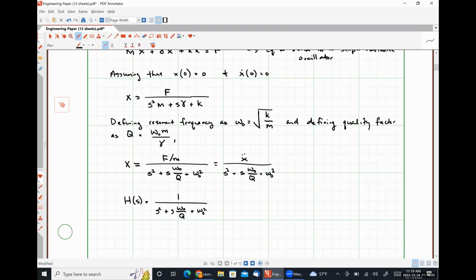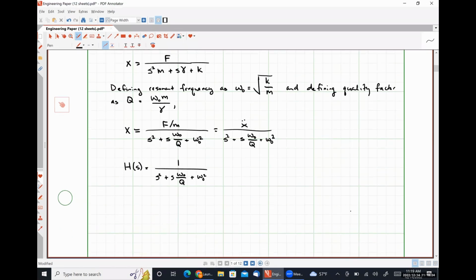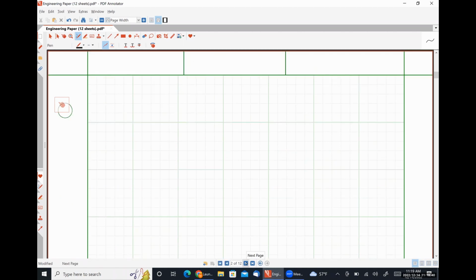So let's look at how this device behaves at low frequencies, defined as frequencies significantly less than omega naught, and at very high frequencies.